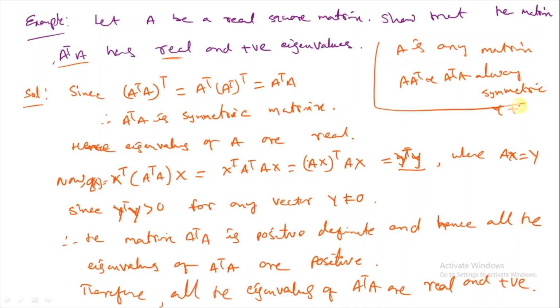Positive definite means real and positive eigenvalues, and positive eigenvalues means positive definite. A A transpose and A transpose A are always symmetric and positive definite. Now I'll stop here.